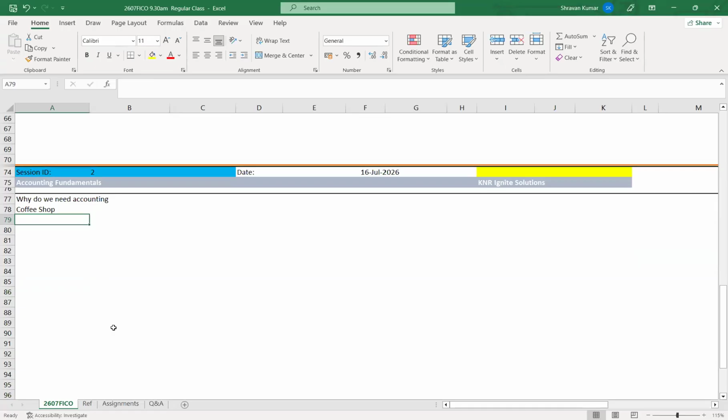Now tell me, what is the first thing you will be spending money on? Can anyone come on, unmute themselves and answer? Investment. Office location and procurement. Correct. And what else? Capital. What else do you think we will be spending money on to start our coffee shop business?